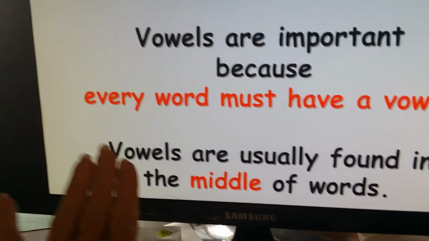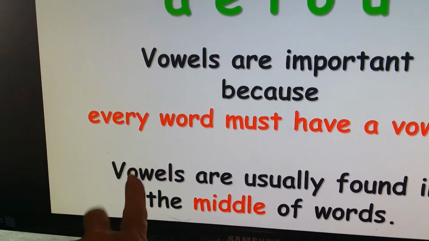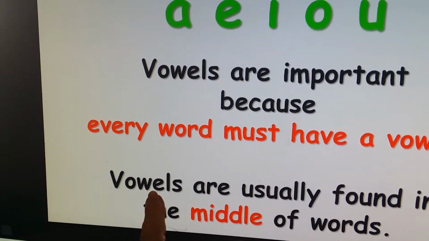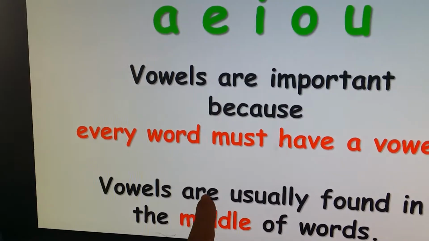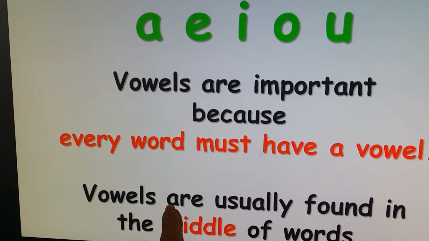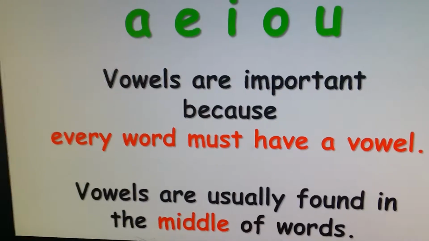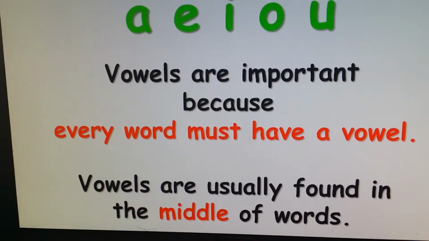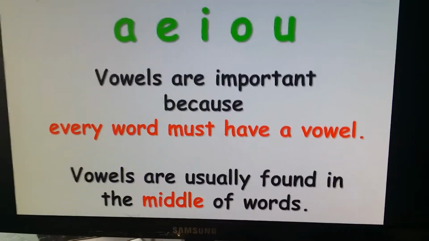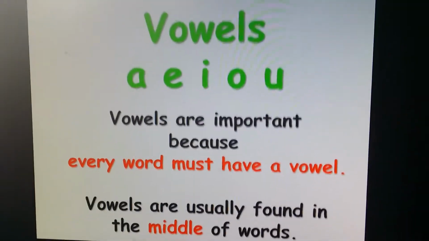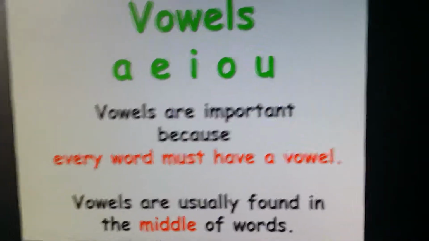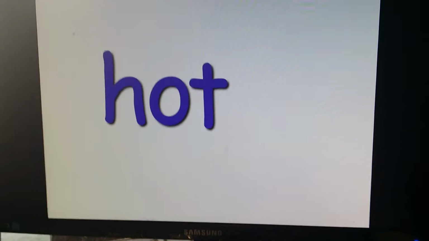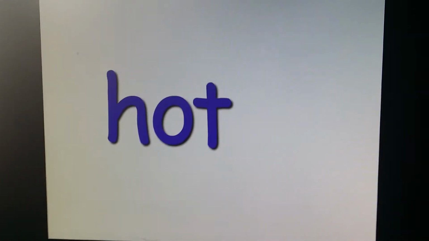If you take a look at this word, there's the O and an E. But here's the word R, and it has a vowel at the beginning. So vowels can start a word, but most of the time they're in the middle. So the way we're going to see vowels today, they're going to be in the middle of the words.